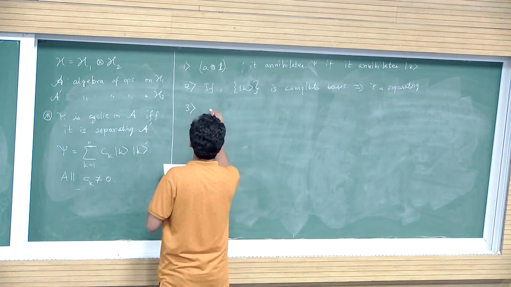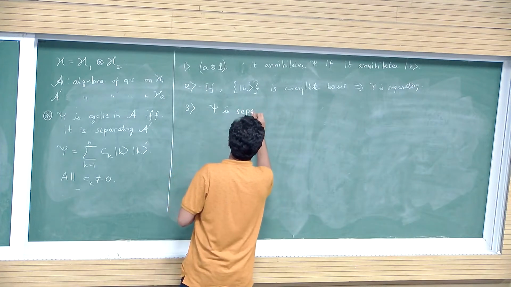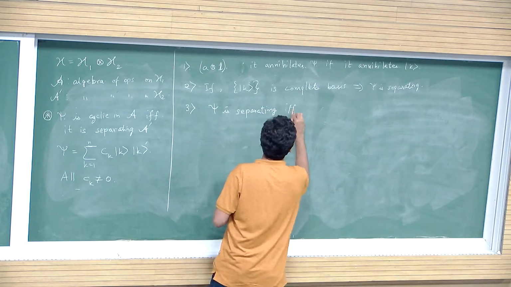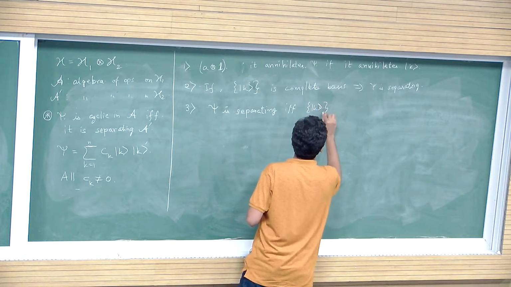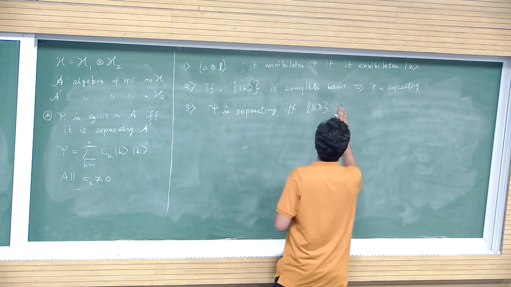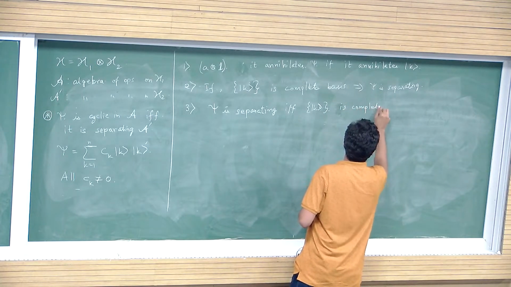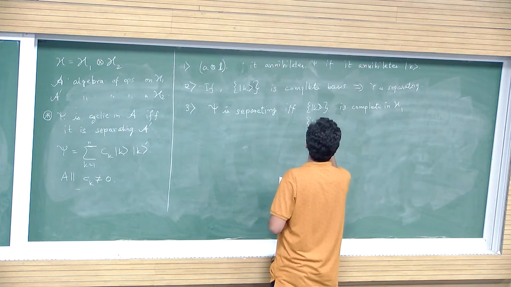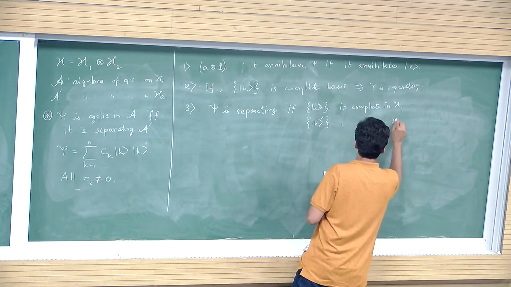So the statement is that psi is separating if and only if K is complete in H1, whereas K prime is complete in H2.